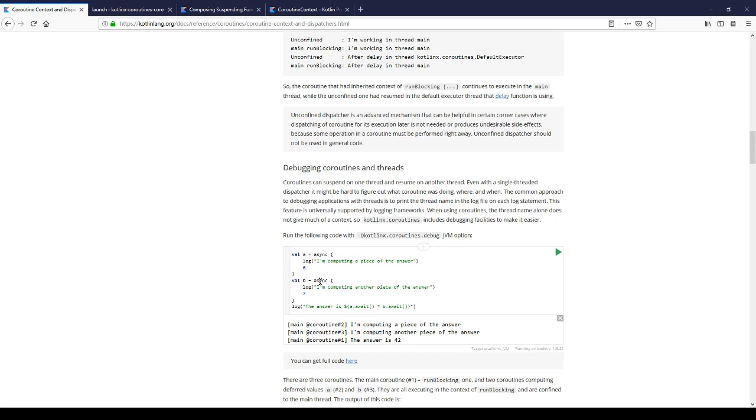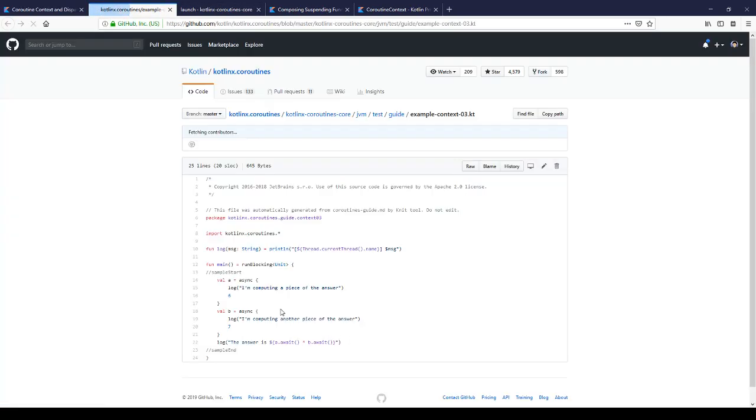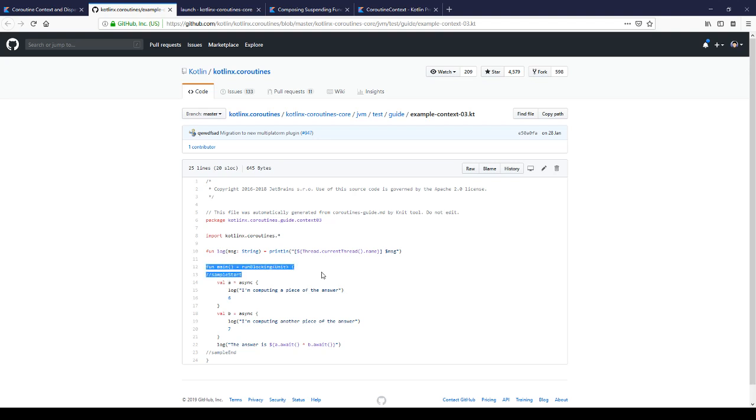These two are both scheduled, and they are not lazy, so they are directly running. So I'm computing a piece of the answer, I'm computing another piece of the answer, and so yeah, coroutine 1, this is the runBlocking one. Let's see the full code to make sure. Yes, it's in the runBlocking.